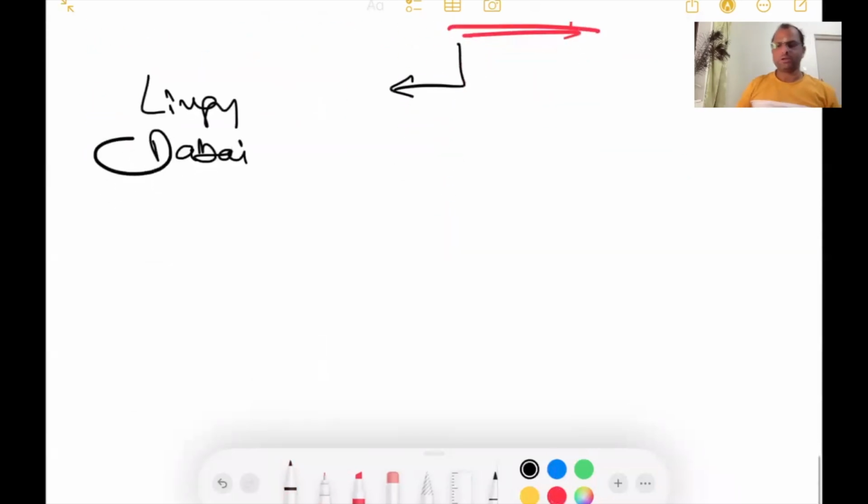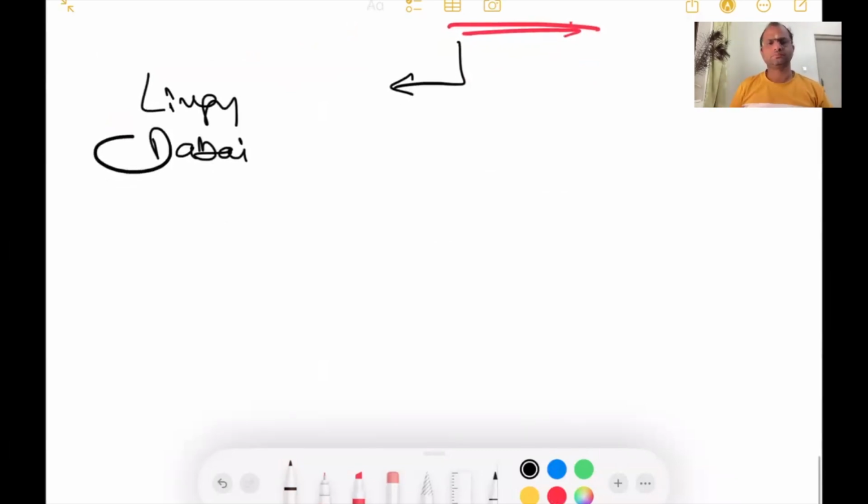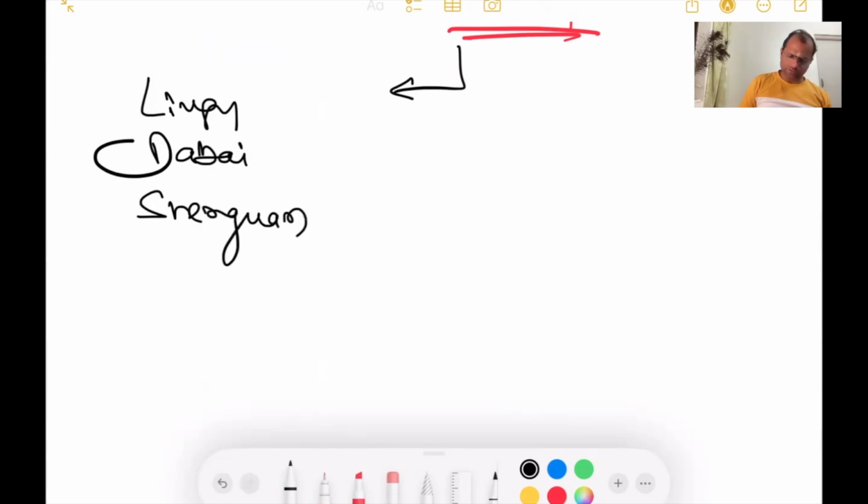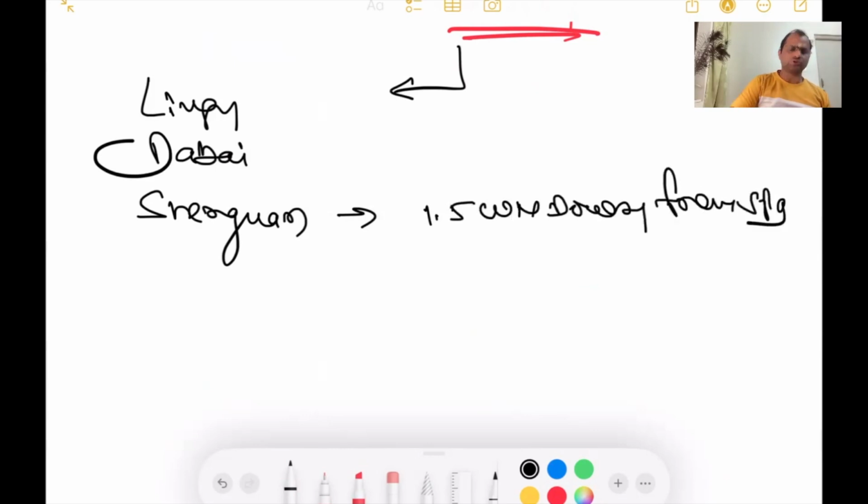One of the great points. Linggu Da Bai आप जानते होंगे. And number 2, Shengguan. Shengguan is nothing but the point 1.5 cun down from spleen 9. हमारे spleen 9 से 1.5 चुन नीचे होता है Shengguan.